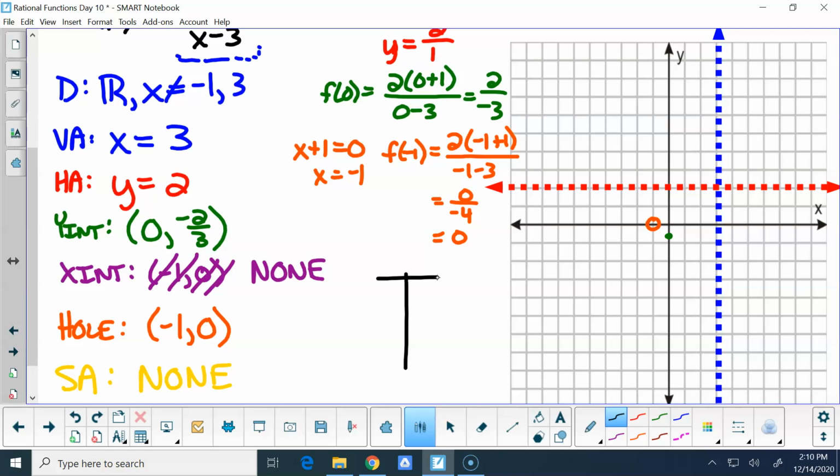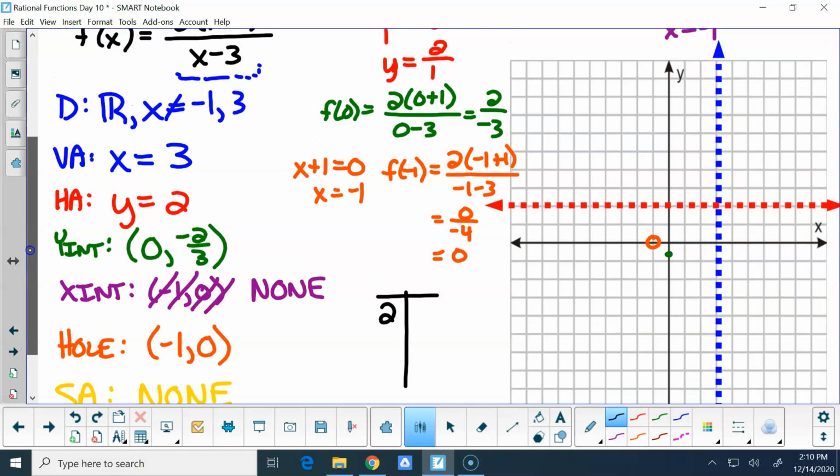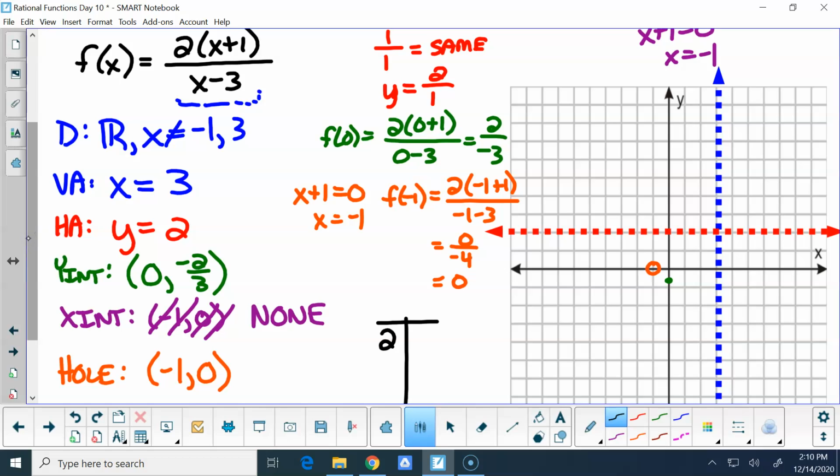So let's go with 2. Oops, I gotta go back up just a little bit so I can see my function. 2 plus 1 is 3. 3 times 2 is 6. 2 minus 3 is negative 1, so that's negative 6. Then 1. 1 plus 1 is 2. 2 times 2 is 4. 1 minus 3 is negative 2.